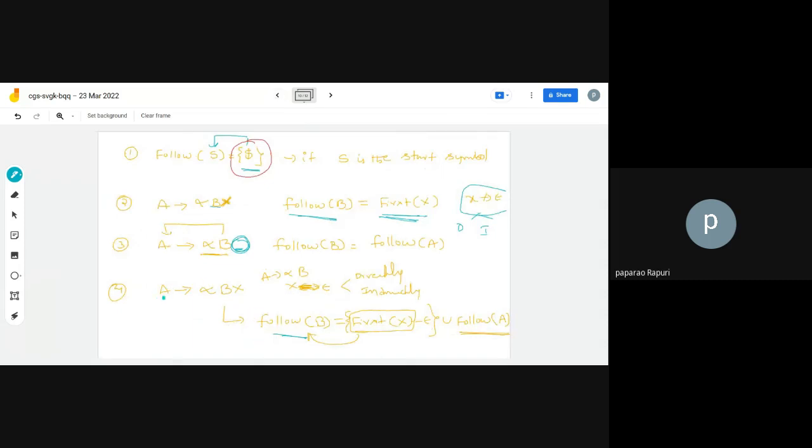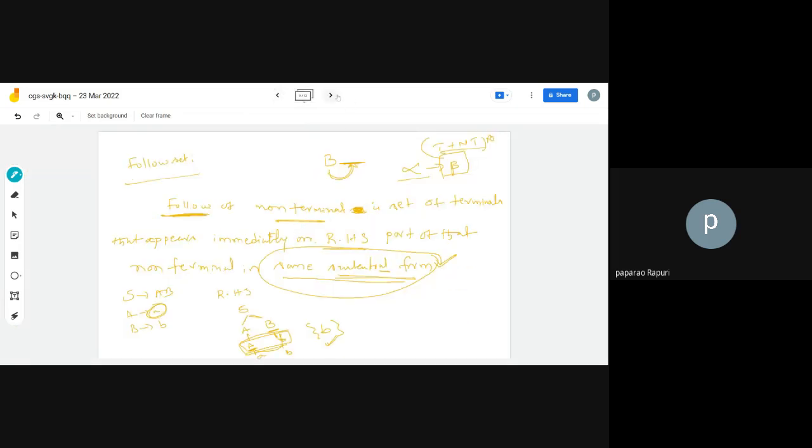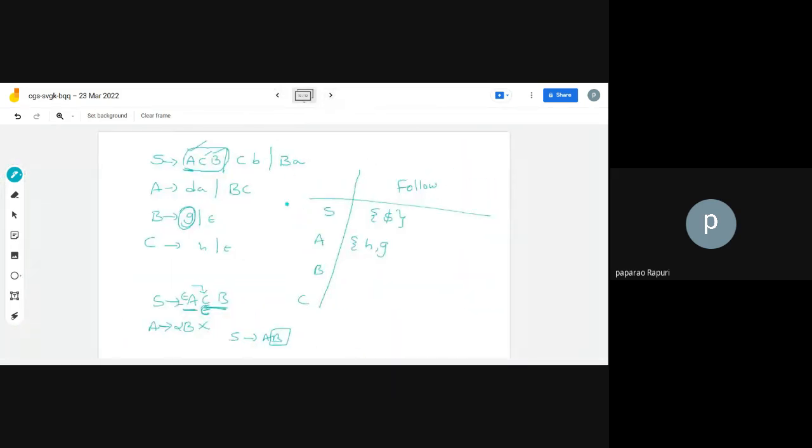Here we are having the rule: if the production is in this format, alpha B x, and x is producing epsilon, then we need to add follow of A. Here the follow of A means follow of S, and follow of S means dollar.